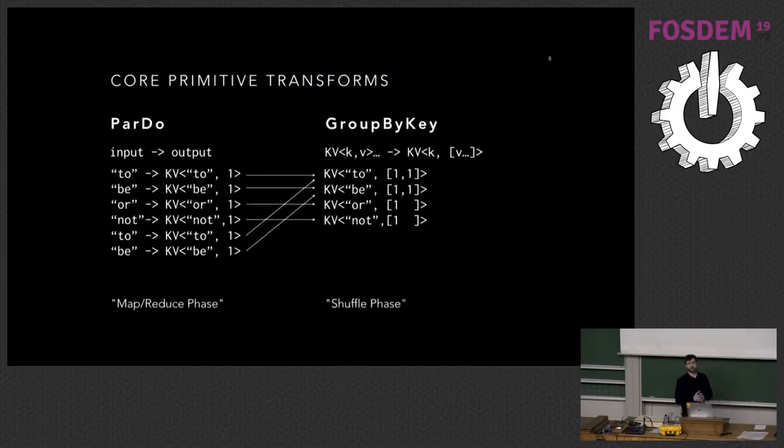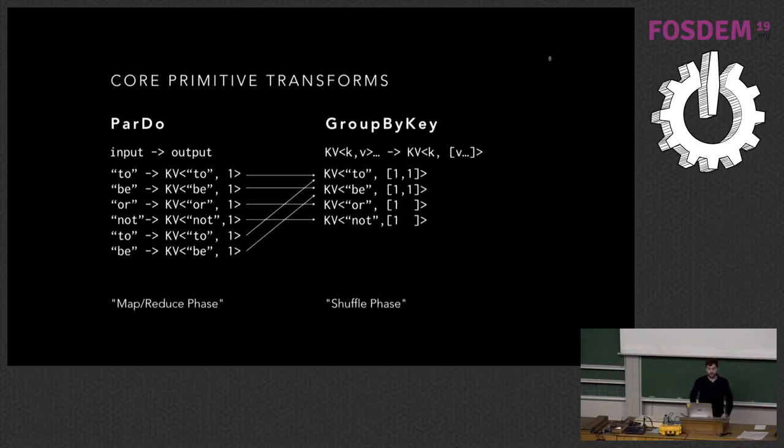Of course, because this is a big data framework, we have to do a little word count. For those of you who don't know word count, you have a list of words like "to be or not to be", and you try to count how often each distinct word appears in that list.